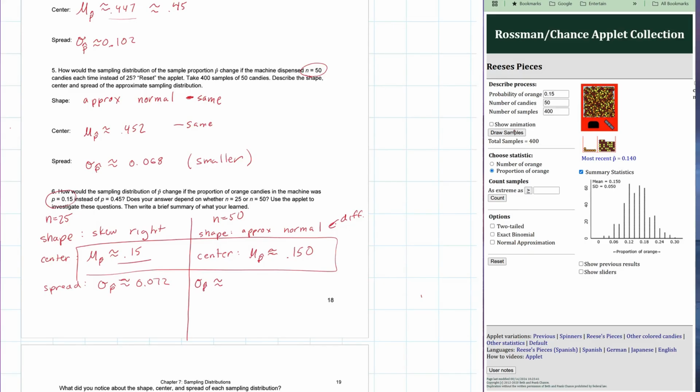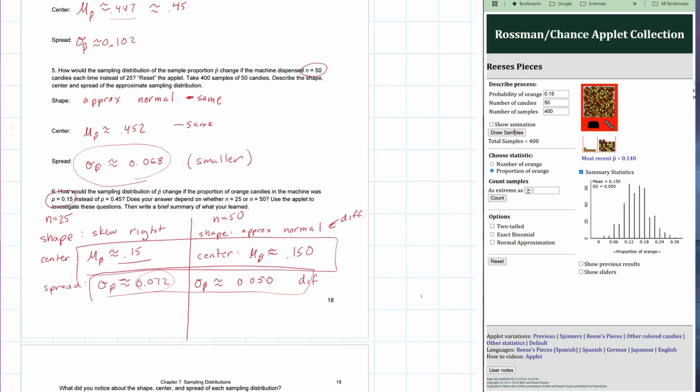We're seeing approximately 0.050. Well, that's like a third of the size of the standard deviation that we saw. So this is different from the 25. And again, we expected that because sample size got bigger. So the spread got smaller, the variability got smaller. But it's also different from what we saw with the 45% population proportion.